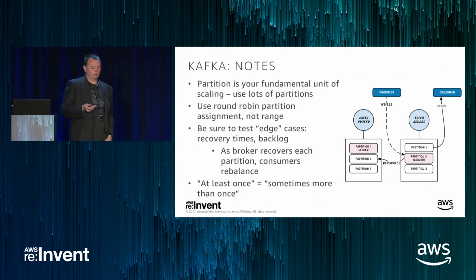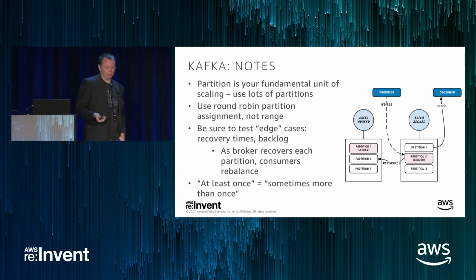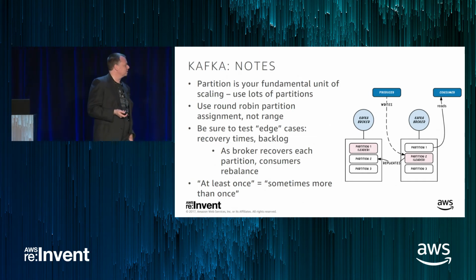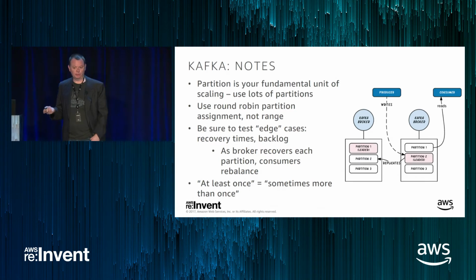The range partition assignment says for each topic that you're consuming in this consumer group, consumer number 1 gets partition number 1, consumer number 2 gets partition number 2, et cetera. So if you have several topics and each have 10 partitions, you can do 2 consumers, or 5 consumers, or 10 consumers. But if you add an 11th consumer, he's going to be bored.